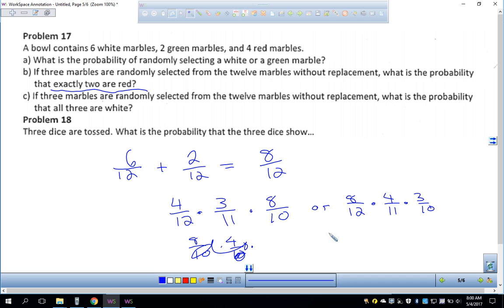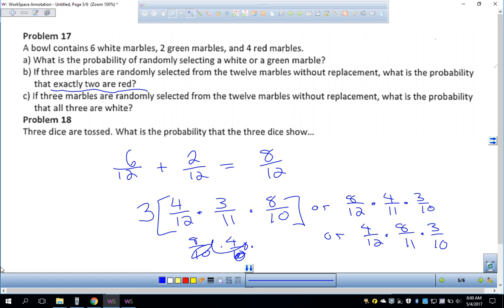Or I could have gotten red first, 4 out of 12, then my non-red marble, 8 out of 11, and then another red marble, 3 out of 10. Do you see that all these would give you the same number, because I'm multiplying the same numerators and the same denominators? So all I have to do is multiply that times 3, and that gives the probability of getting exactly 2 red marbles.